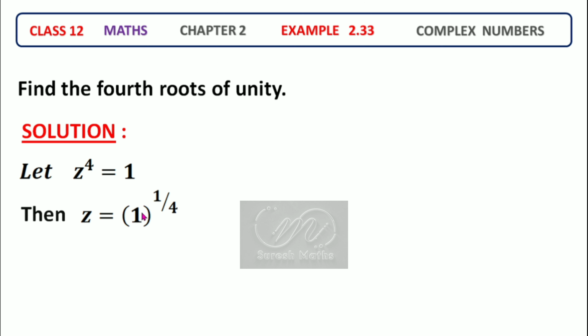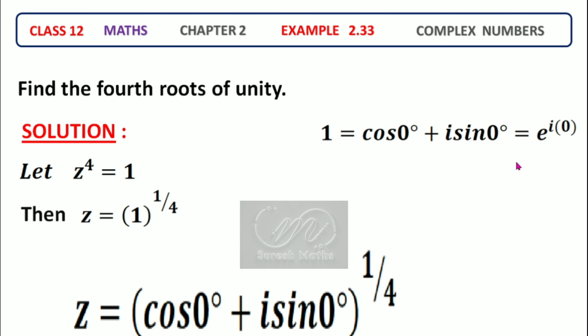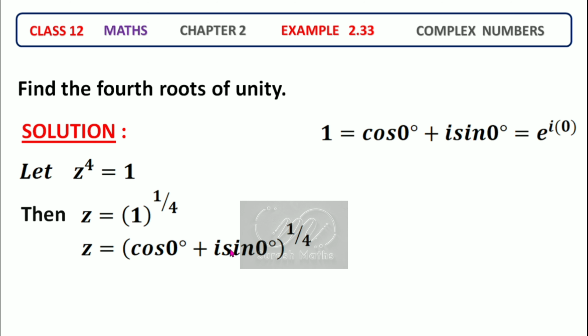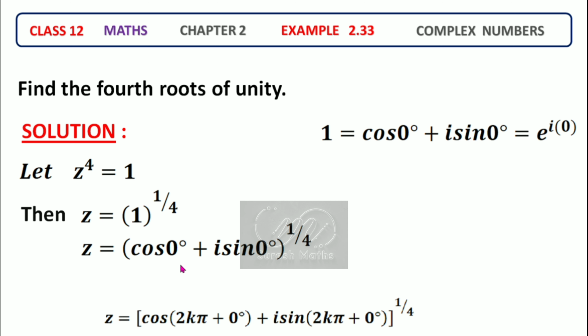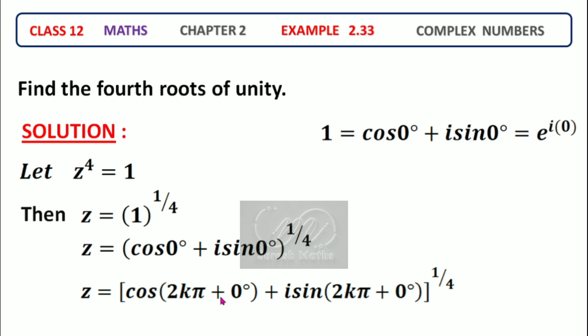Here this 1 can be written using the polar form. That means 1 is written as cos 0 plus i sin 0, or e power i into 0. So (cos 0 plus i sin 0) whole to the power 1 by 4. Then let us add 2k pi, that means 360 degrees. After one rotation of 360 degrees it becomes the same angle again, that is 0 degrees.